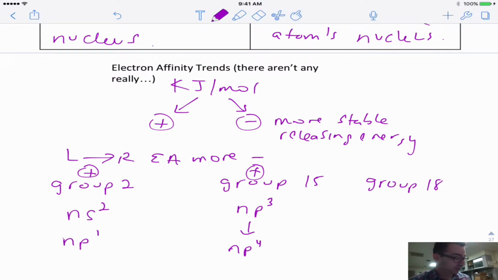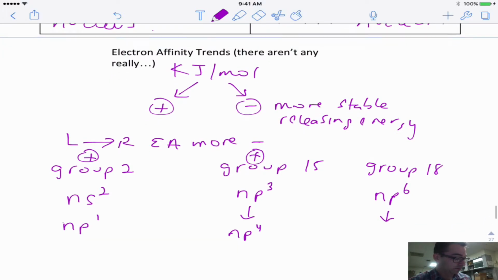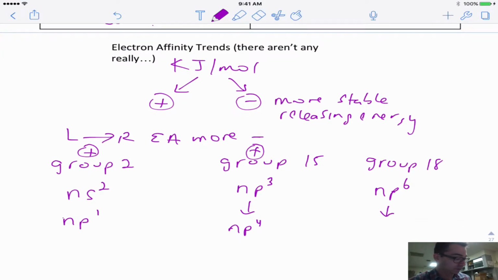And the same thing with group 18, that's np6. Now, when we put the electron into the next energy level, it would go into n+1, really, because it's a next energy level up, and then s1. And so now we're putting it into a higher energy level.